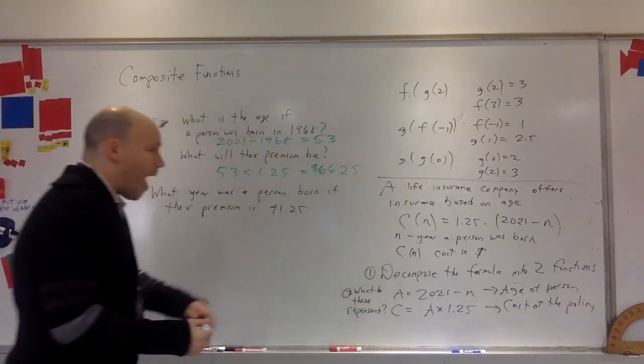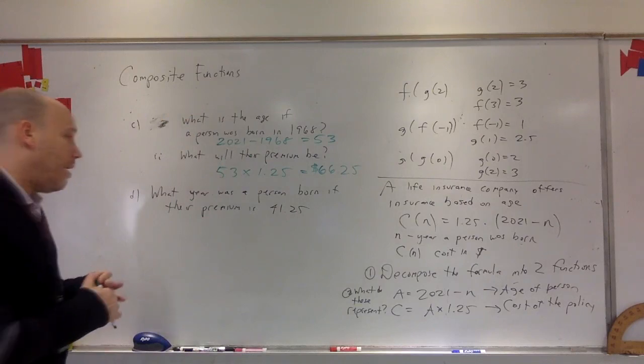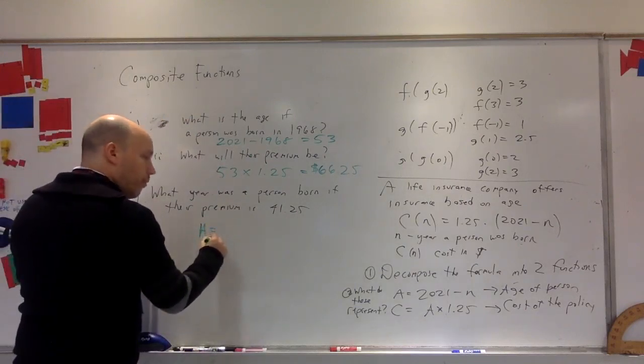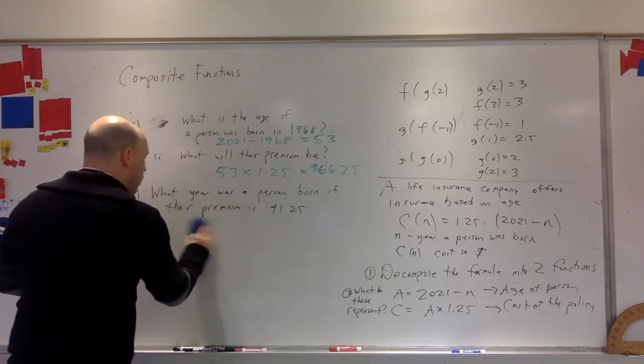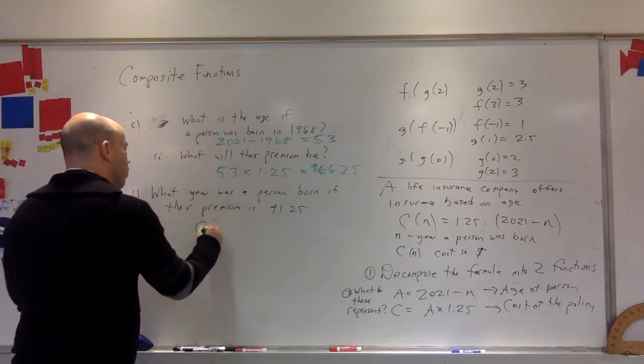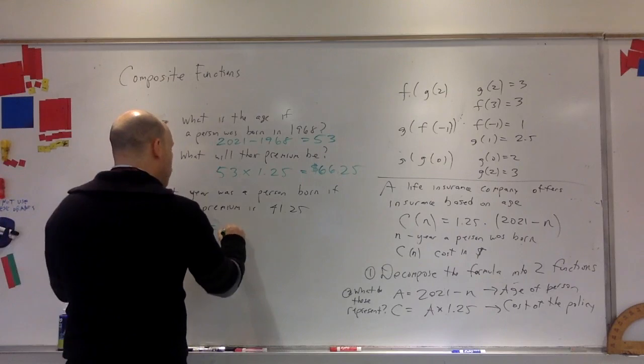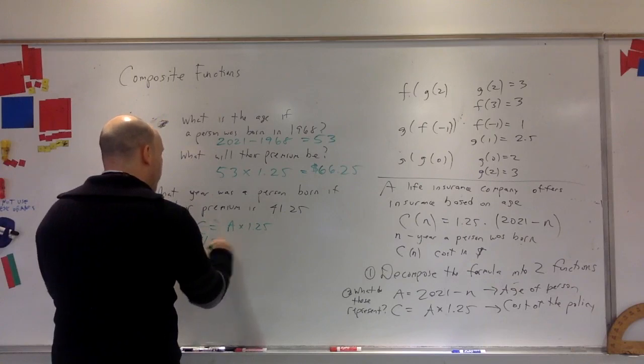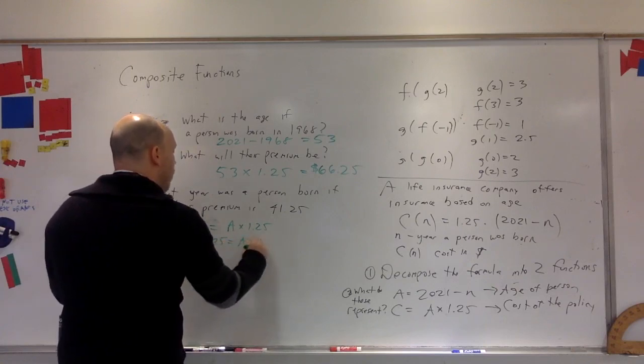Okay, we're back. Well, we can work backwards. The cost was equal to the age times 1.25. So we know that 41.25 equals A times 1.25.